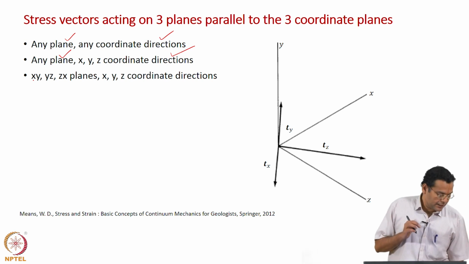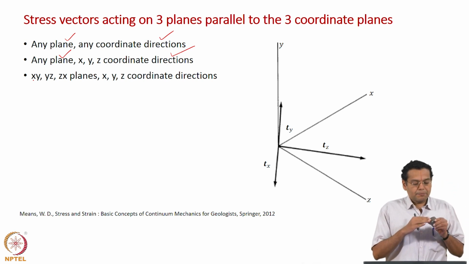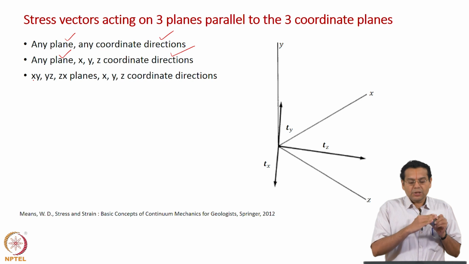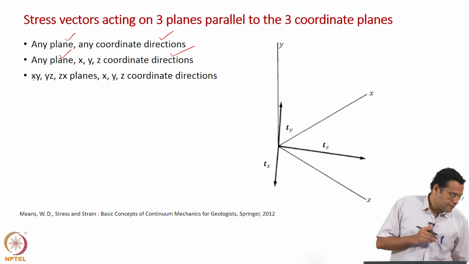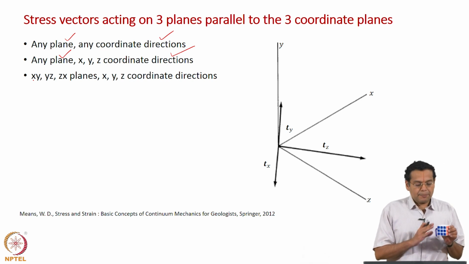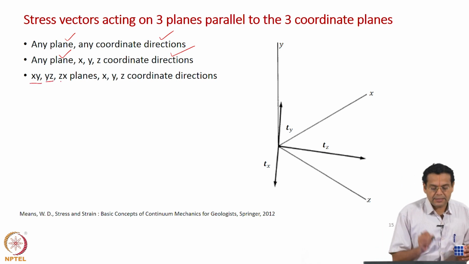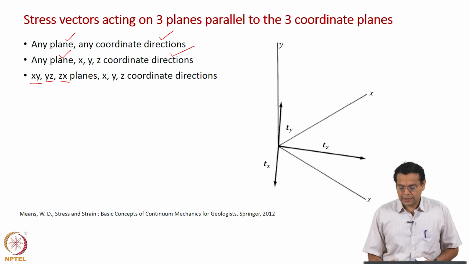At the same point, when I say plane, you should imagine a very small plane at the same point. Instead of considering plane of a normal n, you are considering our usual planes which are parallel to the coordinate axis. What are the planes? xy plane, yz plane and zx plane, okay. That is what is shown here.